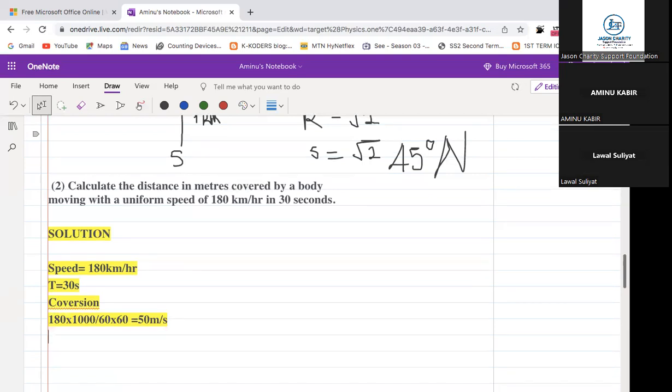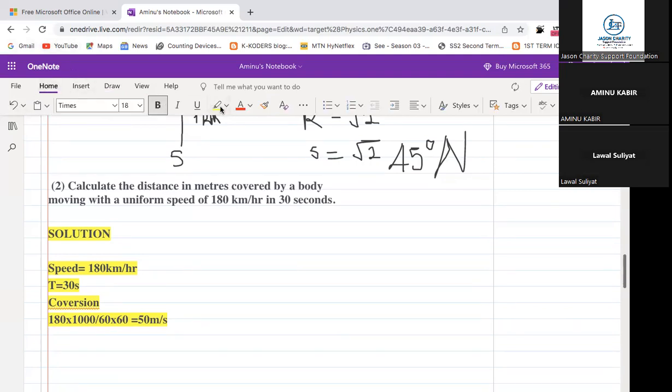Then we can now quickly substitute the value for speed in our equation. We already know that displacement or distance S is equal to speed times time.